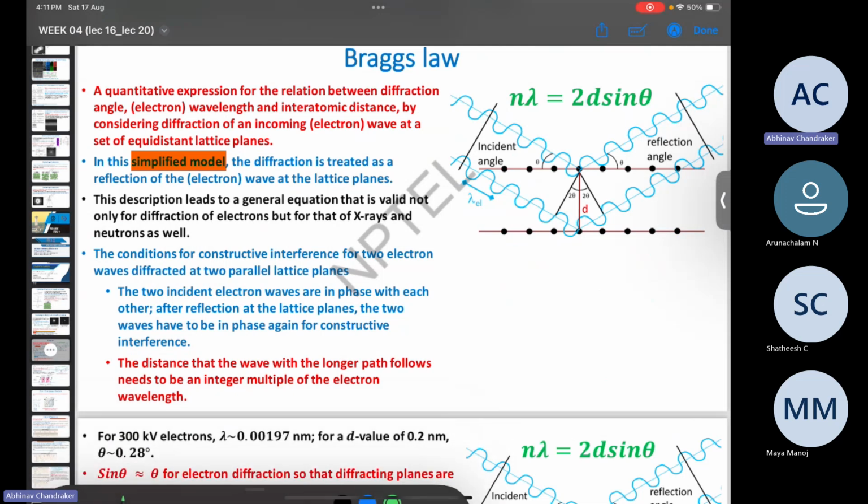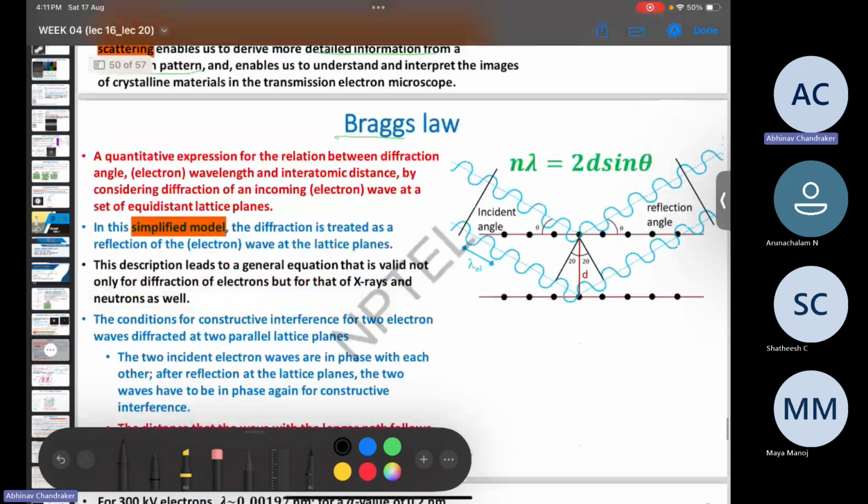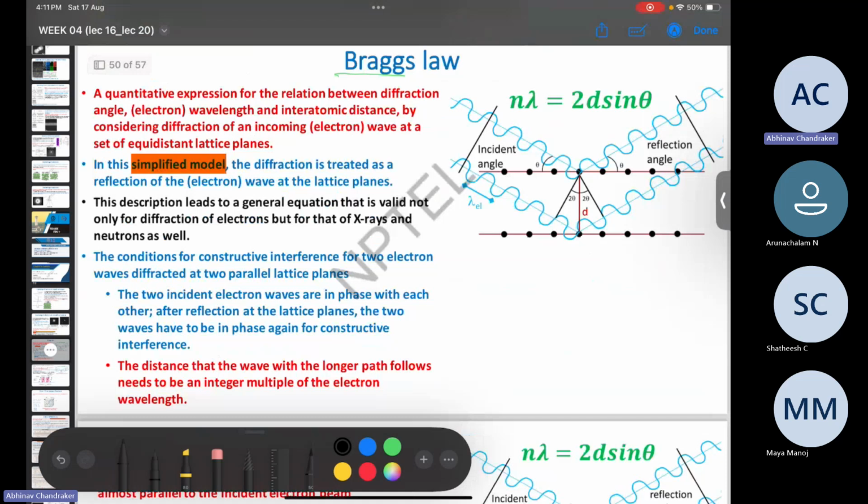So it was Bragg who first showed how diffraction happens, and what all factors it depends on.